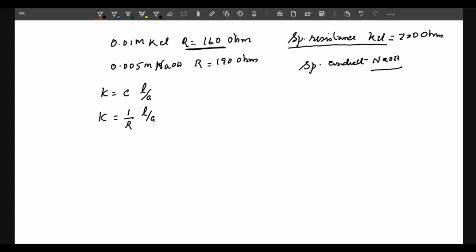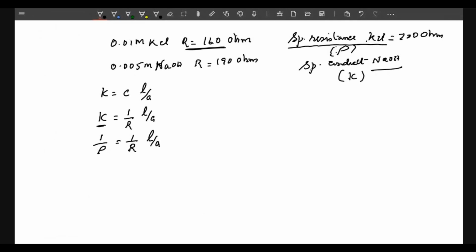Instead, they are giving us the specific resistance. You know, the inverse of the specific conductance is called the specific resistance. Therefore, 1 by rho is equal to 1 by R into L by A. This is nothing but the rho, specific resistance. But here they ask to calculate the specific conductance kappa. They are just confusing you.